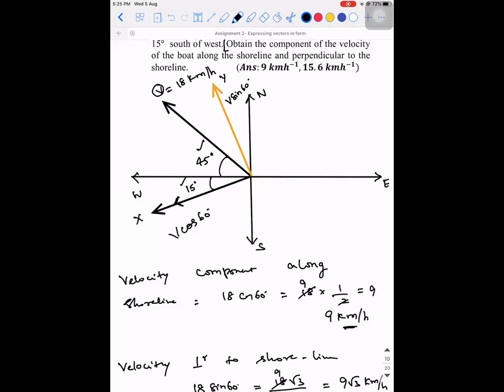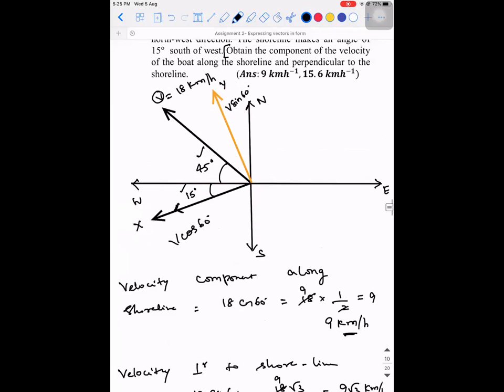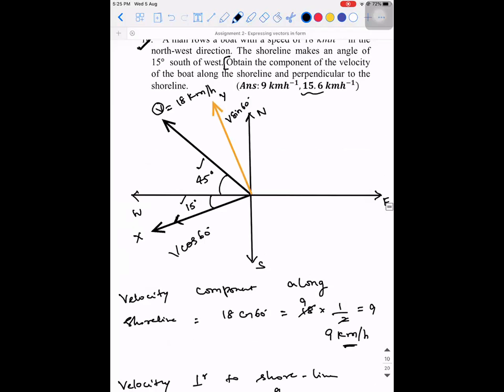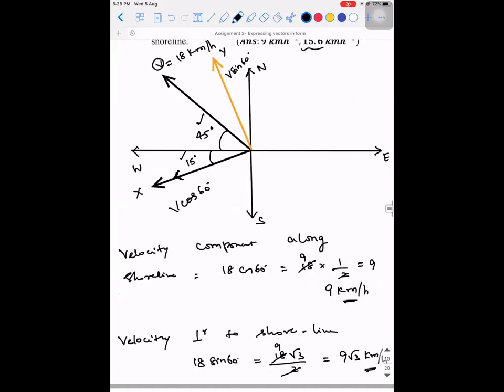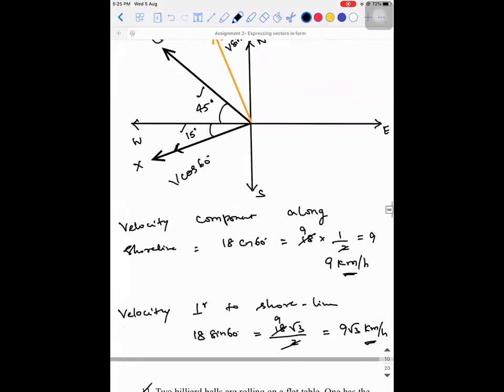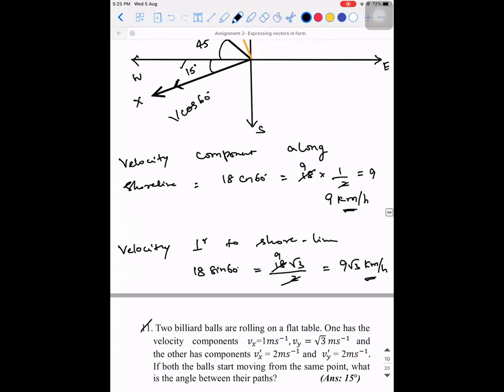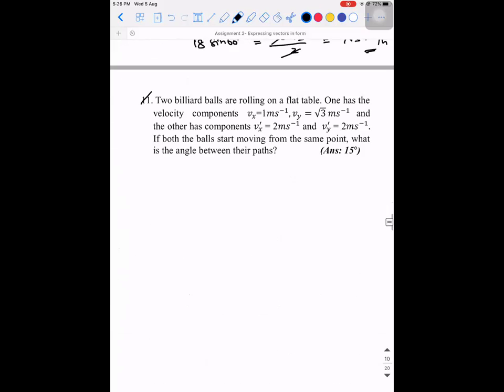Yes, sir. So 9 root 3 kilometer per hour. 9 root 3 should be around 15.6. Right? Shall I move on to the next one? Yes, sir.